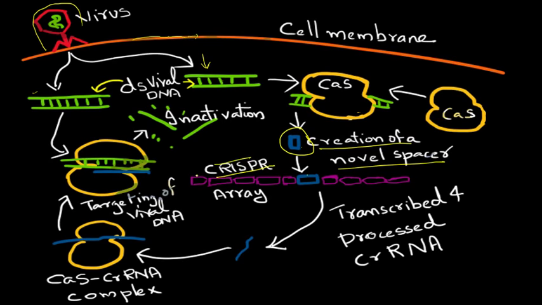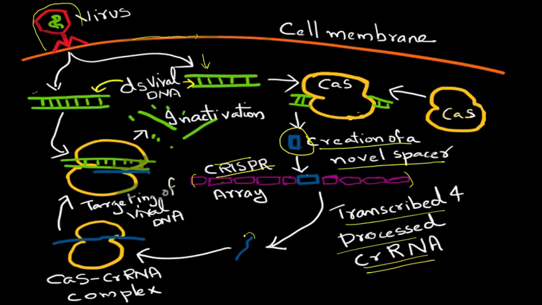This is a CRISPR loci and the CRISPR array, and these are the repeats with spacers in between. And here we are only showing the new one, that new spacer. So anyway, the spacer gets attached to the CRISPR array, and then this spacer gets transcribed and processed to CRISPR RNA.